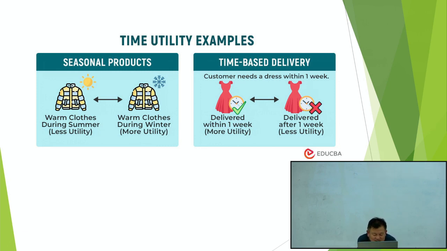And the other example is time-based delivery. The customer needs a dress within 1 week. And delivery within 1 week has more utility because right now I want it. But if some companies deliver after 1 week, there is less utility. It's very familiar in your life. So Amazon Prime has next day delivery, and charges for delivery. This is also time-based utility.